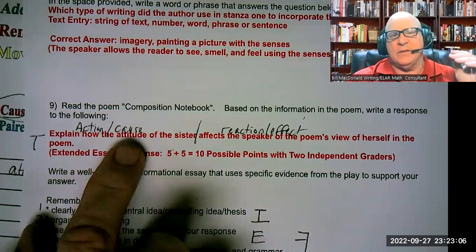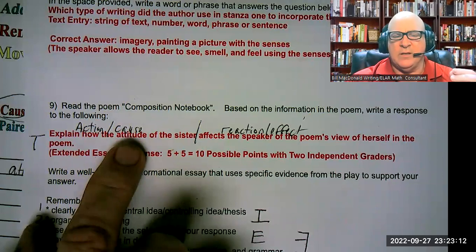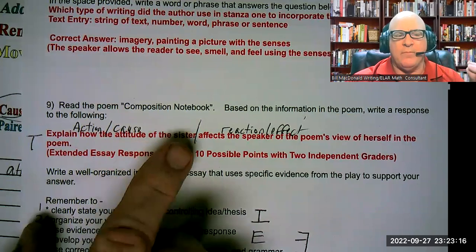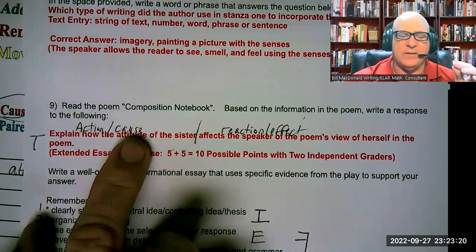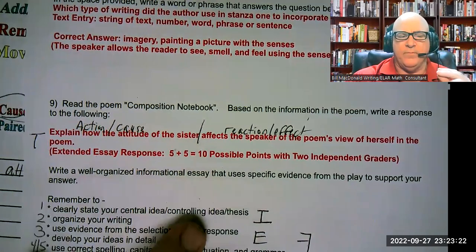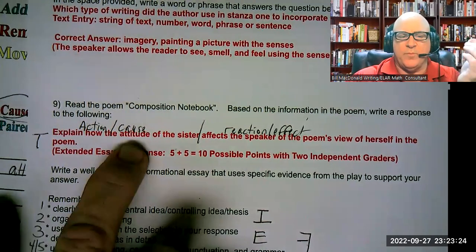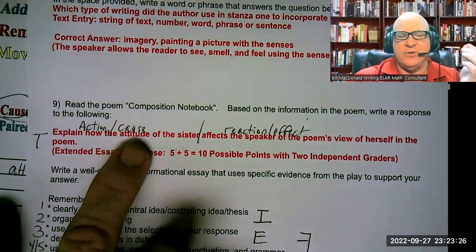Since it's going to be 2-part topics, it seems, it's important that your kids see where the separation is so they can say, okay, somewhere in my central idea, controlling idea, or thesis, I have to mention whatever the first piece of the puzzle is. The attitude of the sister, that's the action.